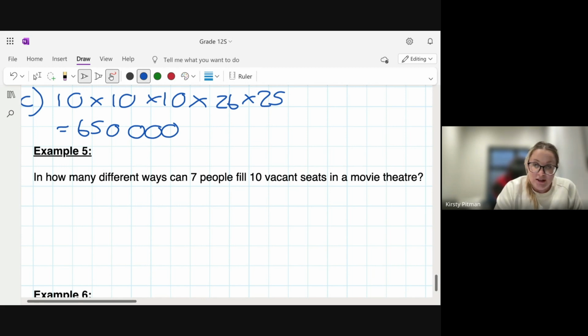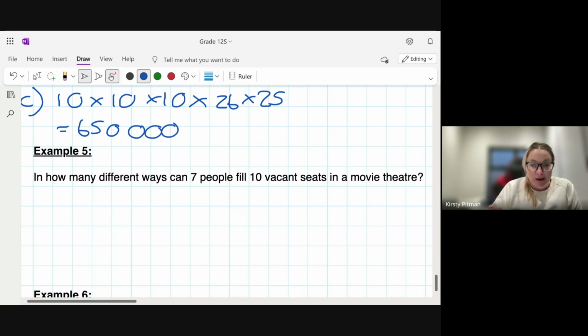Okay, that's a lot to think about. So the number of ways to choose 7 seats from 10 can be calculated using a binomial coefficient. So we're going to have a fraction, in other words.